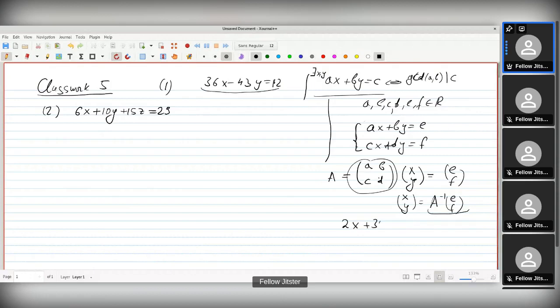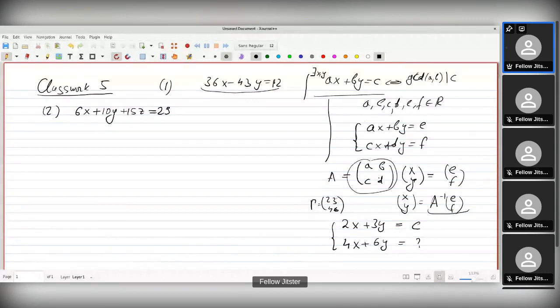2x plus, say, 3y equals c, and here we have, say, 4x plus 6y. What about this system? When may it have a solution? What is the determinant of this matrix?